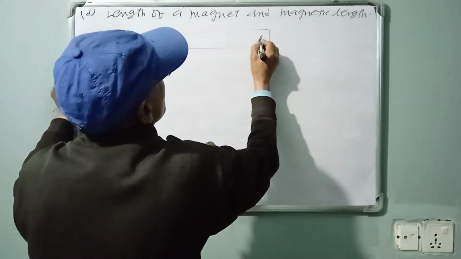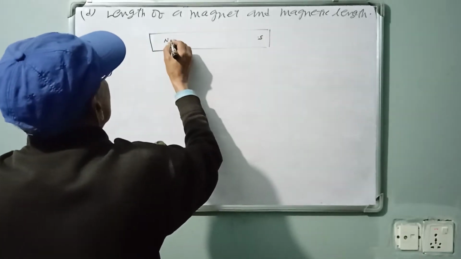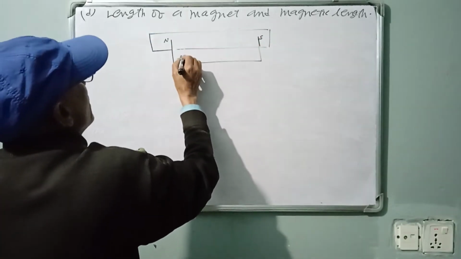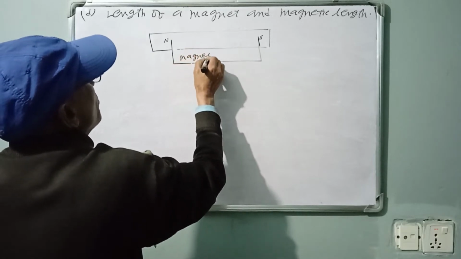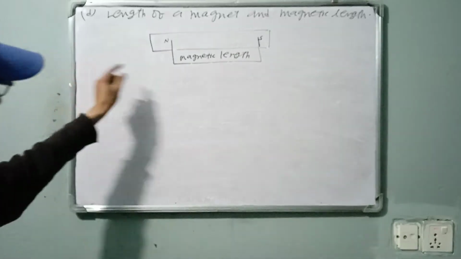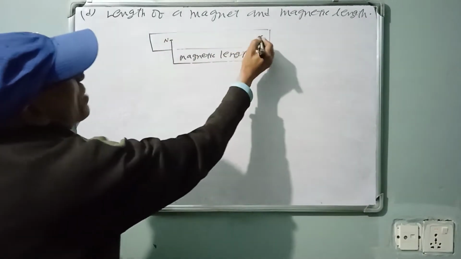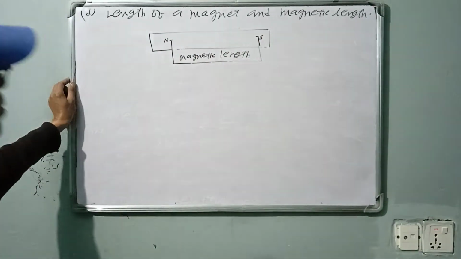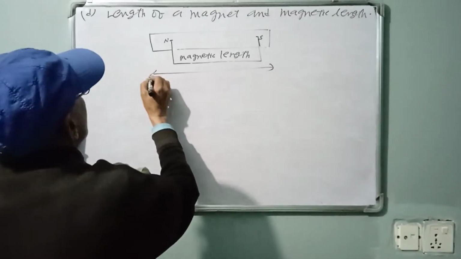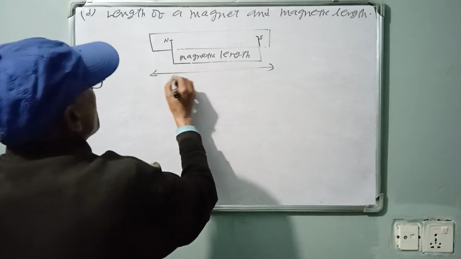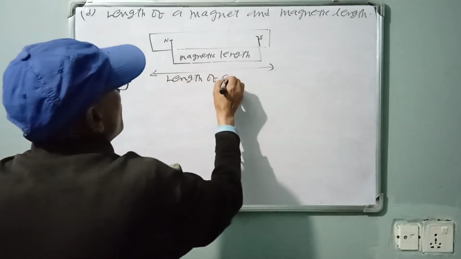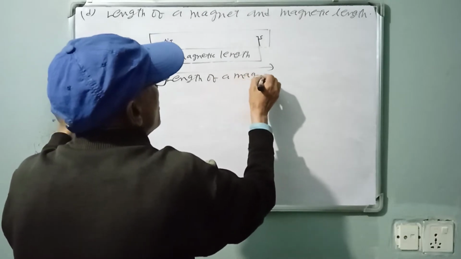North pole, south pole. It is actually magnetic length. Magnetic length, just I have shown it to distinguish, and here from one side to other side, length of a magnet.